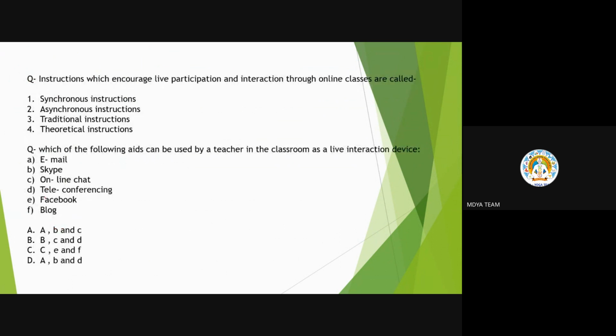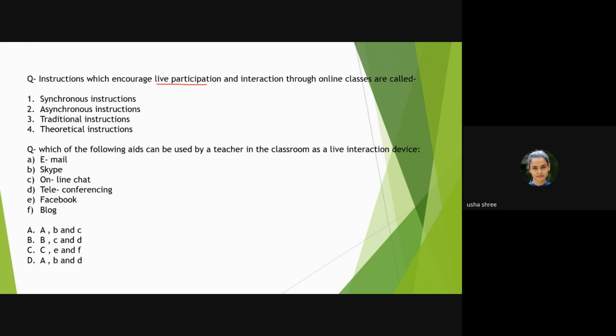Next, instructions which encourage live participation and interaction through online classes are called... Synchronous, ma'am. Yes, the answer is synchronous, but can you please tell me the meaning of synchronous? Synchronous is where there is communication from both ends, like the sender and receiver both participate.